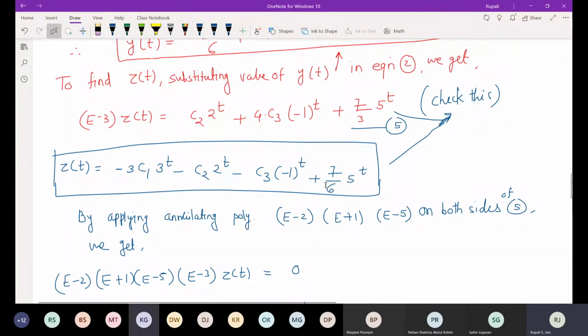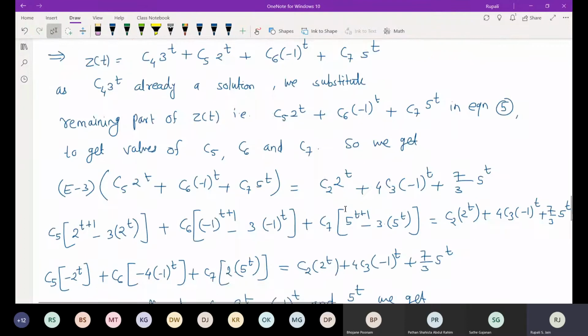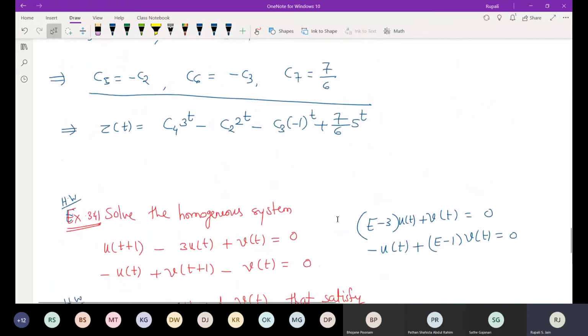Now what are we going to do? Again, once we have this, I have to cut this again.